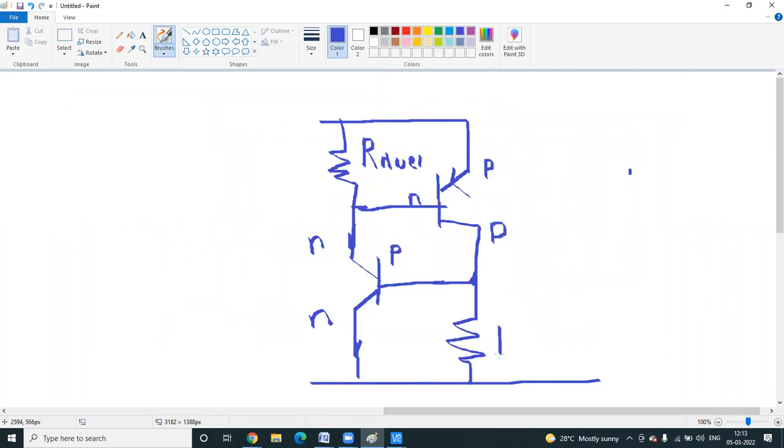R N well, RP substrate, VDD and VSS. Okay, let you draw this one.